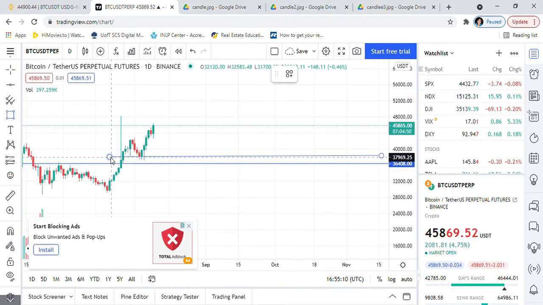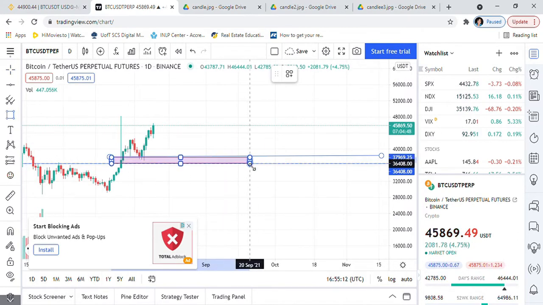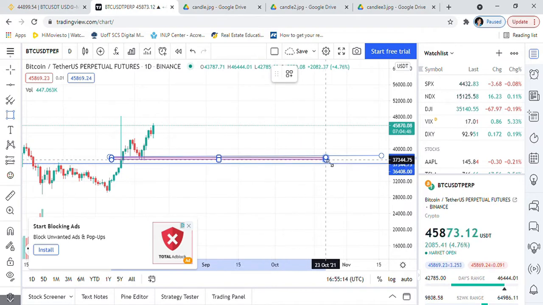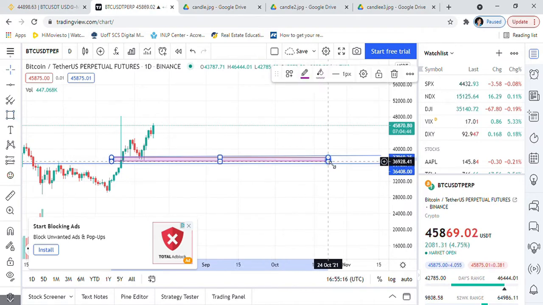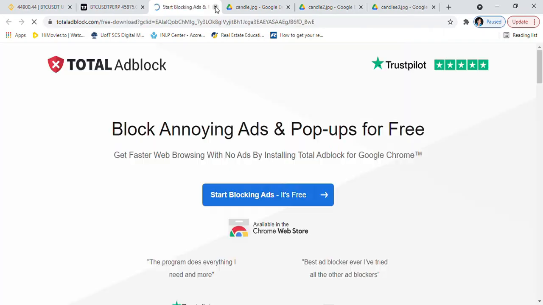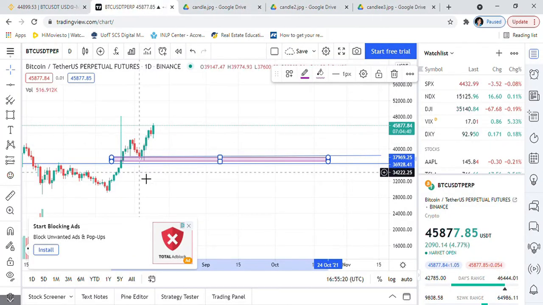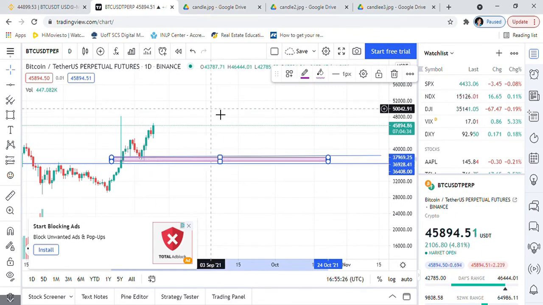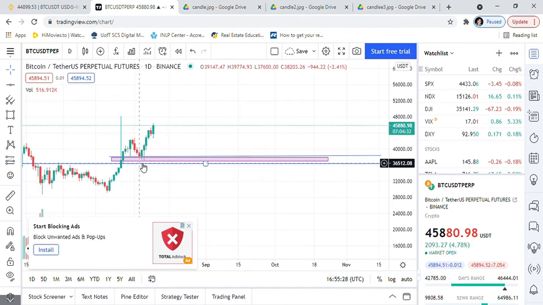I draw it as a zone, and the way I determine a zone is I look at the price that the candle closed at, say the last low, the last red candle. So I hover onto this one, and at the top it tells me the information here. It closed at 38,203.